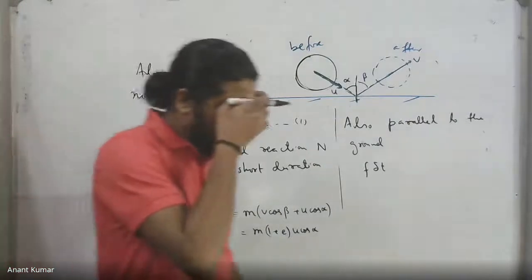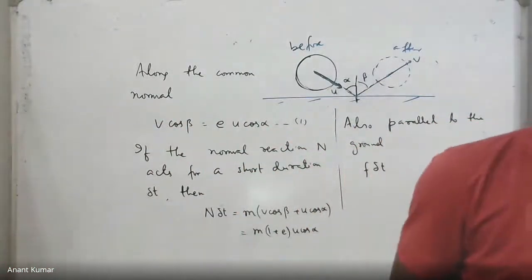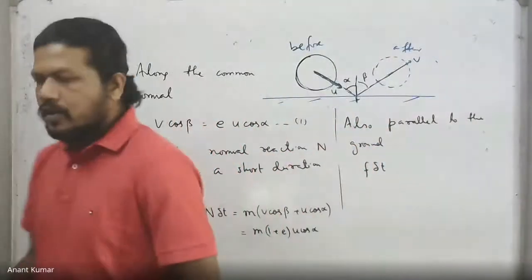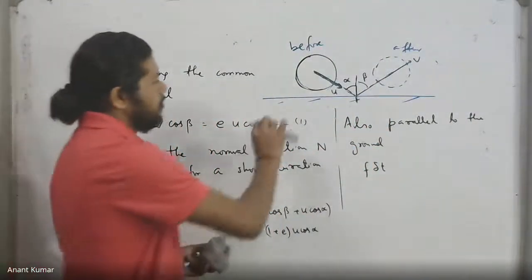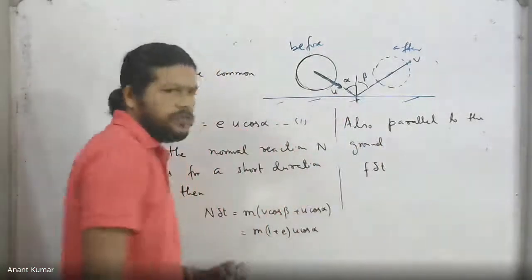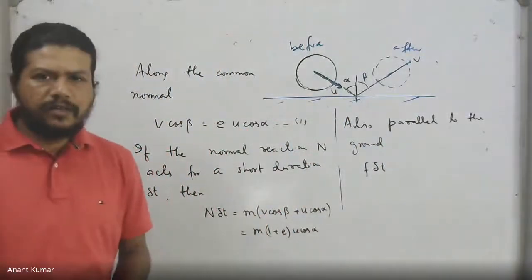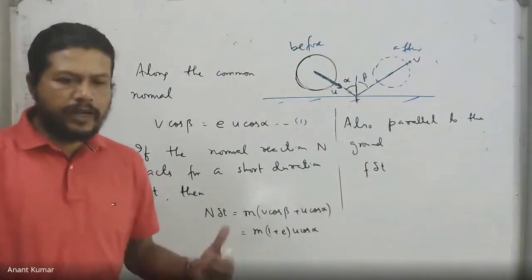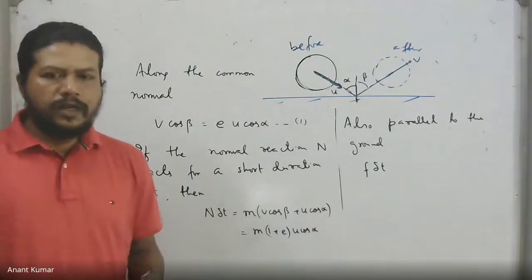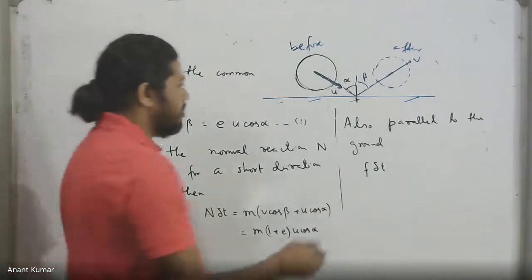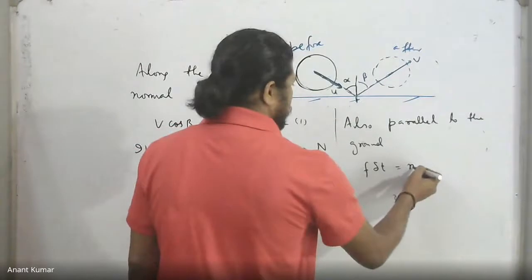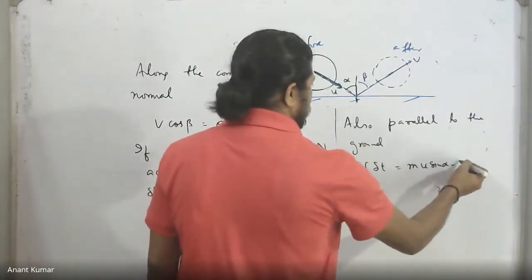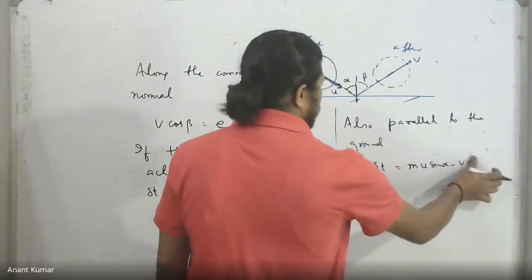In this case, the magnitude is what I'm writing down. F delta t is positive, the magnitude of the friction. Obviously, the initial velocity will be more compared to the final one, so it will decrease. The decrement is what I'm writing down, because I've taken the negative sign, the friction direction, all into account backwards. So just consider this case, it will decrease the momentum, and the decrement therefore has to be m into u sin alpha minus v sin beta.